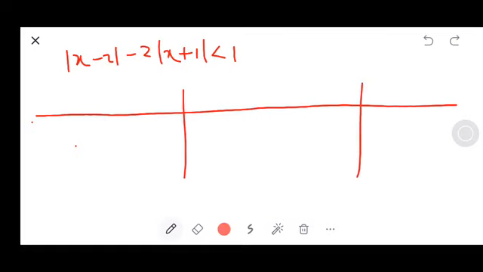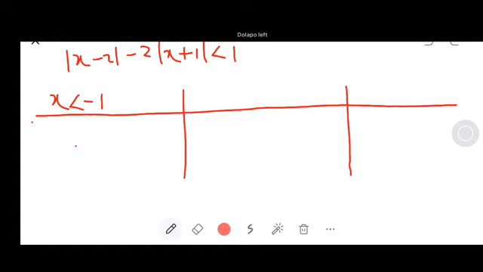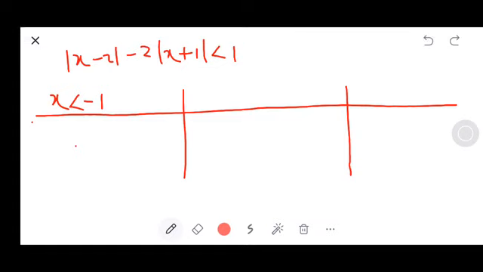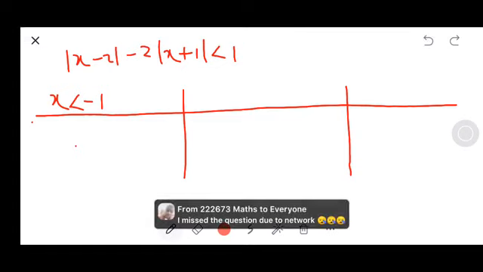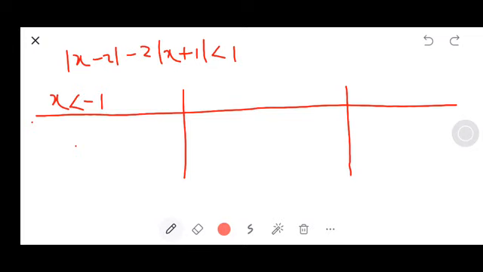Like I said, again, it is not compulsory you draw a table. You can just say case 1, when x is less than minus 1. Case 2, when x is greater than or equal to minus 1 and less than 2. This is the question itself. We have not gone far, we have just started.